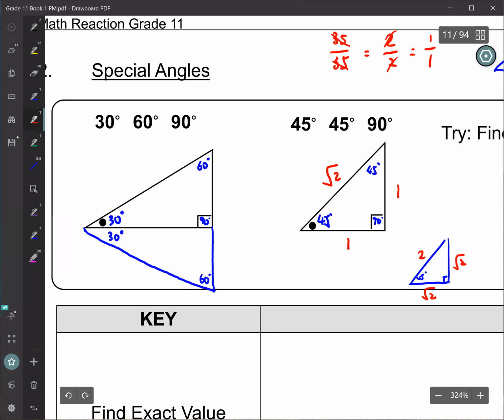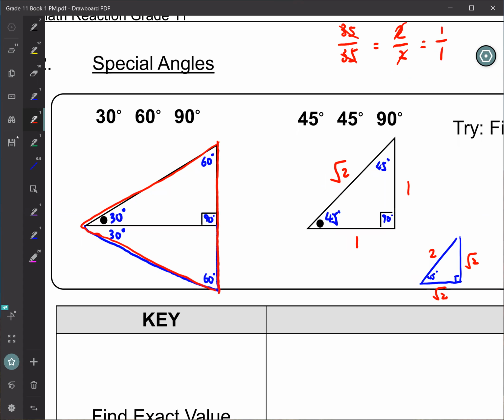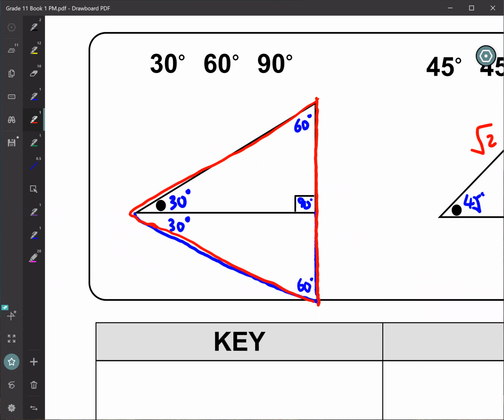So now if you look at the big triangle, the red one, after adding the bottom half, what kind of triangle is it now? Ivy, what kind of triangle do you see now? Right triangle.